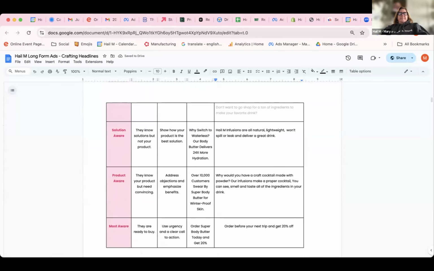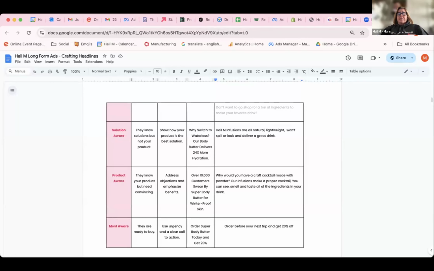And then solution aware. Are they solution aware? I don't think so. There's a brand that is out there killing it in the market.